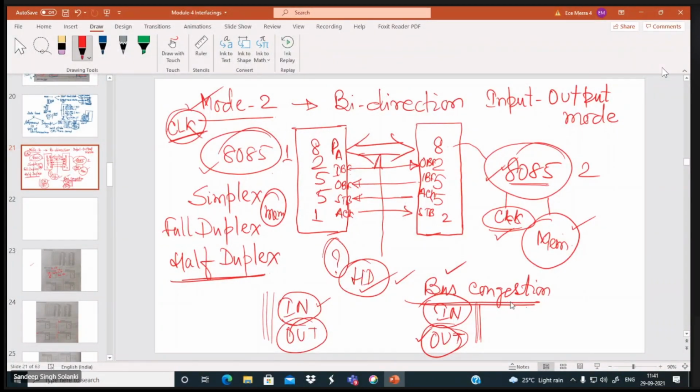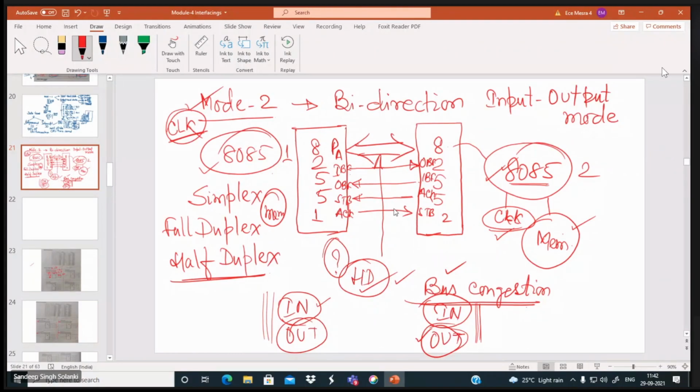So are you getting what I am saying? That both may try the same operation. And when they try for the same operation, this will wait for the OBF to arrive, and this may wait for the strobe to arrive.